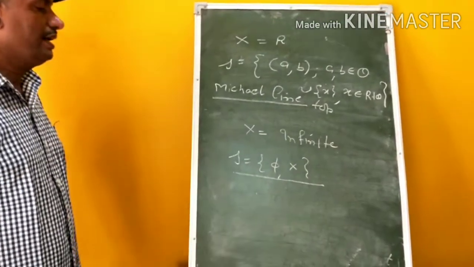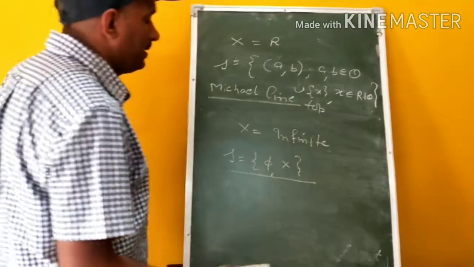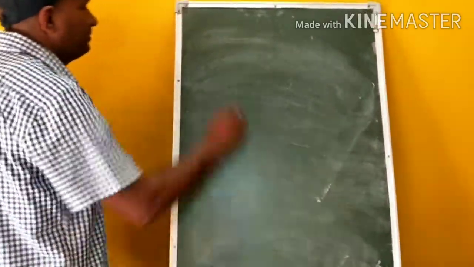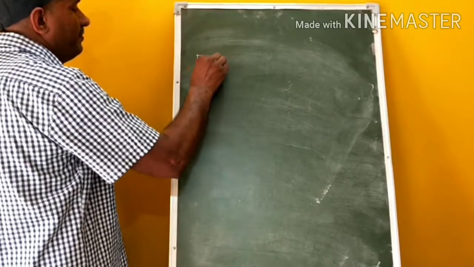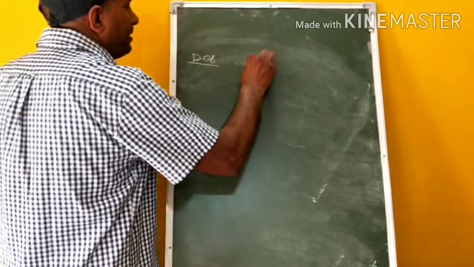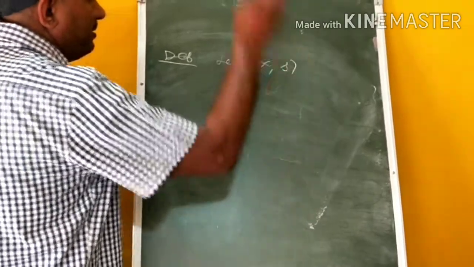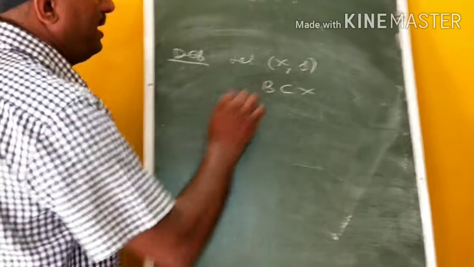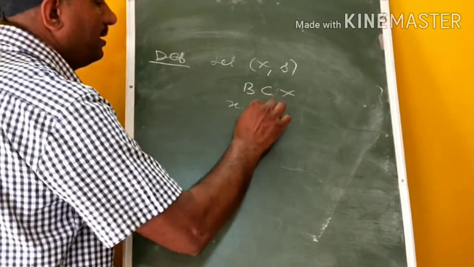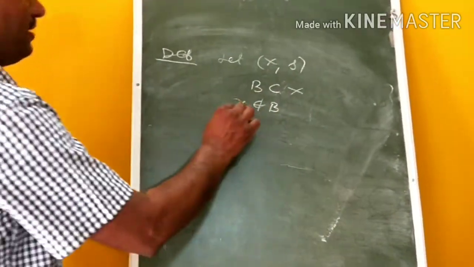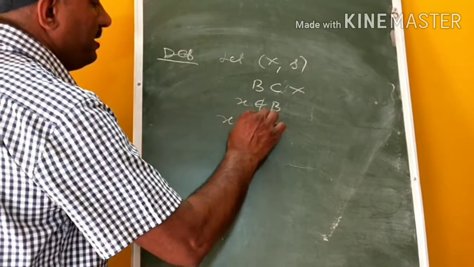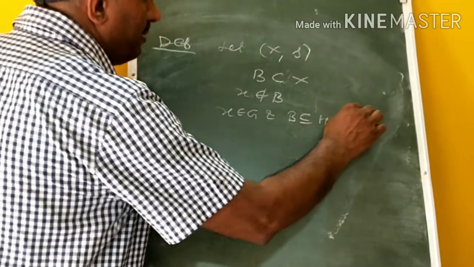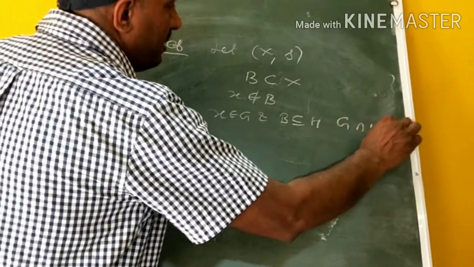Now we come to hereditary property of the regular space. Before that, we take the definition in brief. Let (X, T) be a topological space, B be a closed subset of X, and a point x does not belong to B. Then we have two disjoint open sets such that x belongs to G and B is contained in H, and G intersection H is empty.